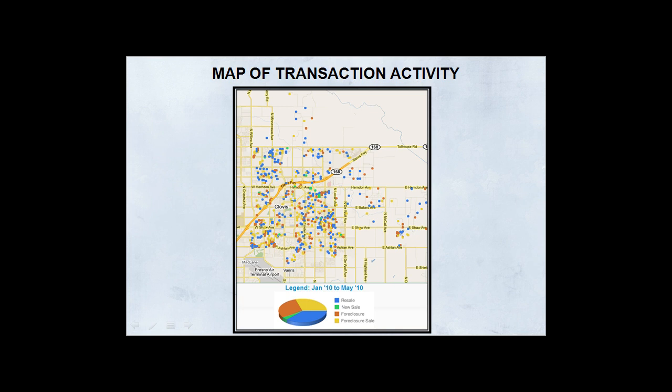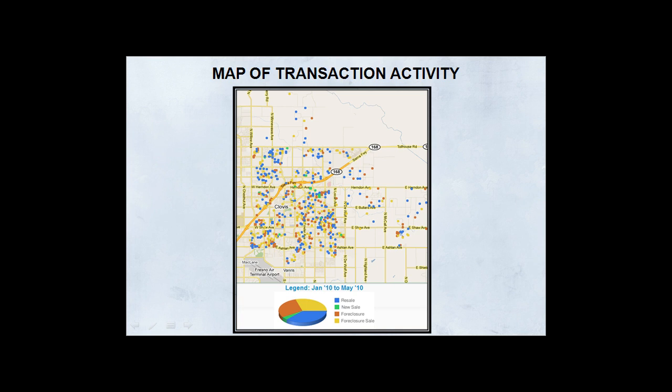This particular exhibit is from Real Estate Economics Housing Transaction Report, and this shows in the colored dots conventional resales shown in blue, new home sales in green, foreclosures, that's owner back to lender, and foreclosure sales, that's lender out to new third-party owner, transaction activity for Clovis zip codes only for the period from January to May 2010.